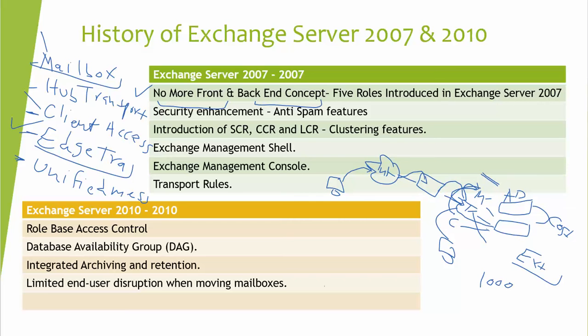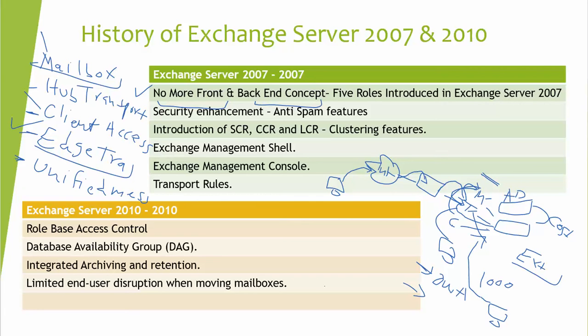And client access server role was responsible to give you access to Outlook web access, and then all clients that you had at that time, the connection between the client and Exchange server was established through client access server role using ActiveSync, which we are going to see in our practical lesson.